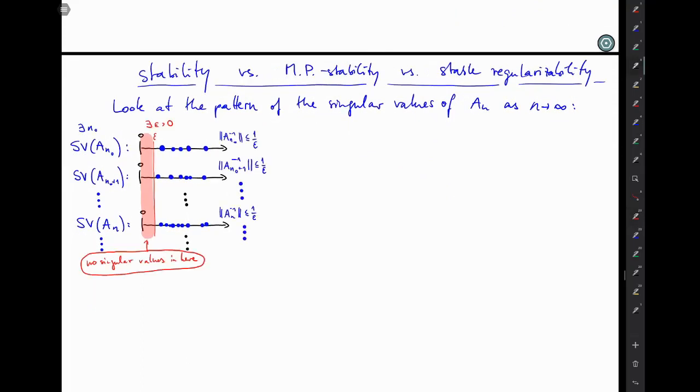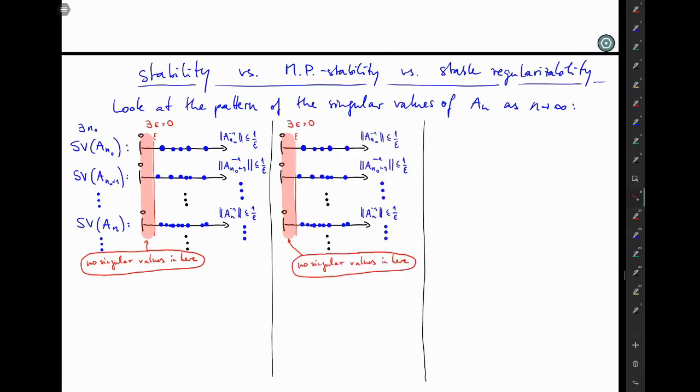Okay, this was stability. Now let's talk about Moore-Penrose-stability. Well, we can almost copy what we said for stability, except that we have to change inverses into pseudo-inverses.